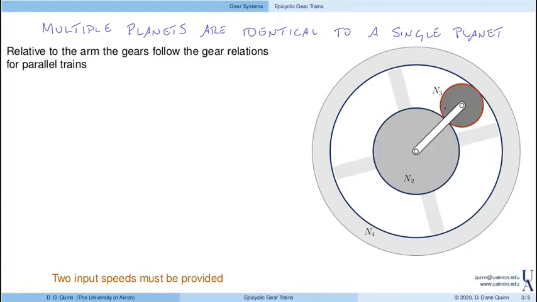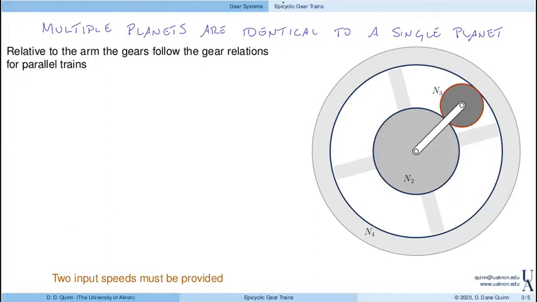Again, in actual applications, we typically have multiple planets so that we can reduce the load on the individual planet gears. But for kinematic purposes, we'll just consider a planetary gear system with single planets attached to the arm. So again, these are more complex to design, but also to analyze.